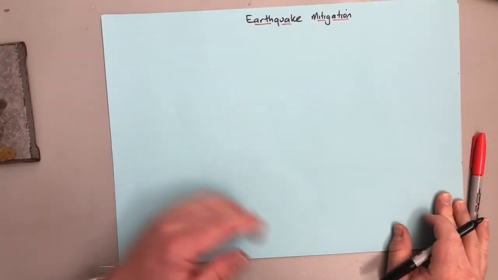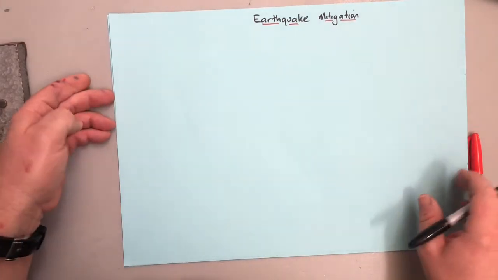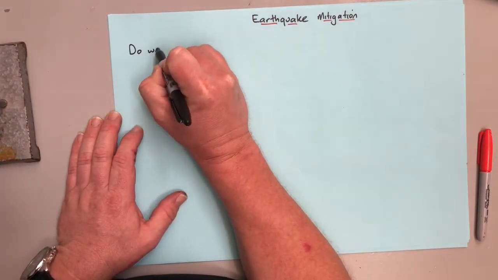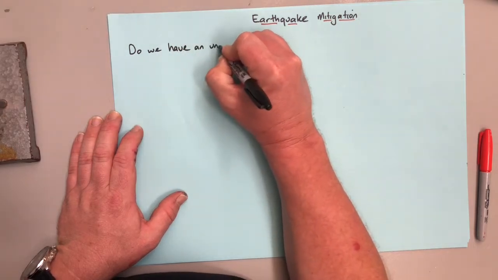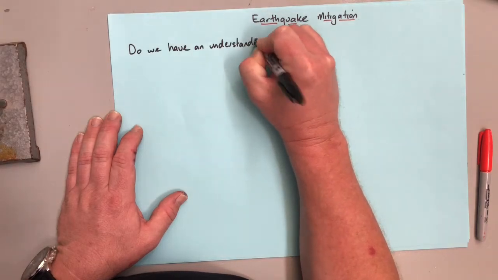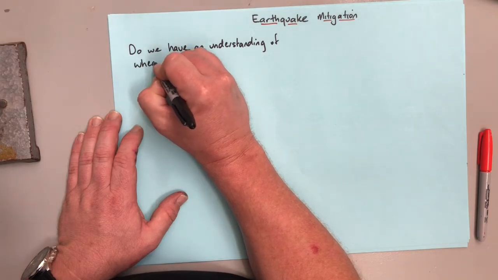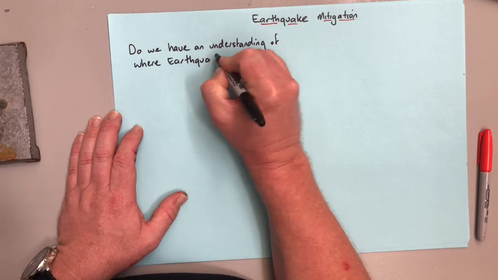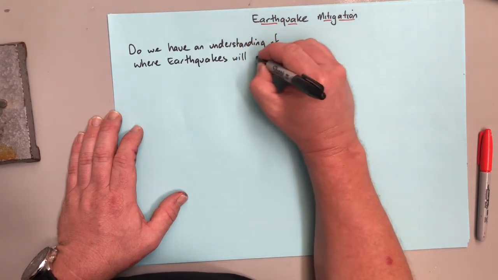Today we're going to look at earthquake mitigation. Before we do, I think we need to ask some questions. First one is, do we have an understanding of where earthquakes will strike?